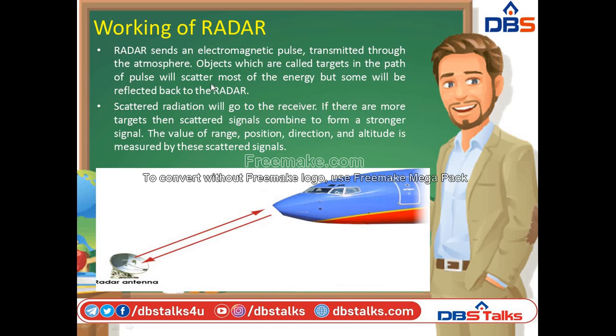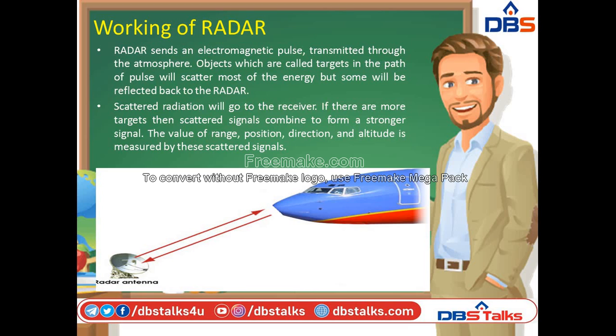We are sending a beam of signals. Some of the signals will hit the target, and the reflected signals will be returned to the radar station. Based on the signals which are returned to the radar station, we are going to find the range of that particular target.